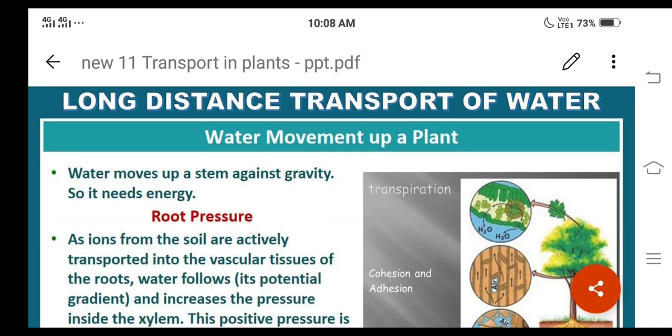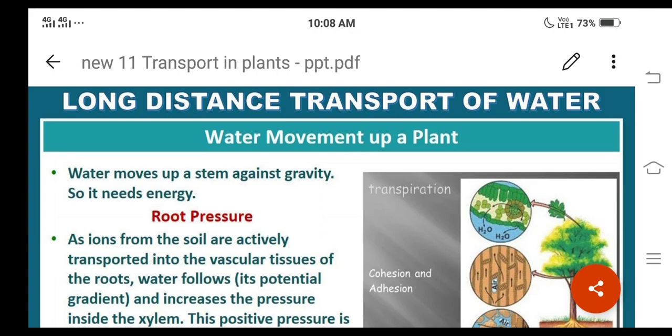We have already studied active transport: it is the movement of ions from lower concentration to higher concentration by utilizing ATP. As ions are actively transported into the roots, water also follows, which means water also moves from the soil to the root part.